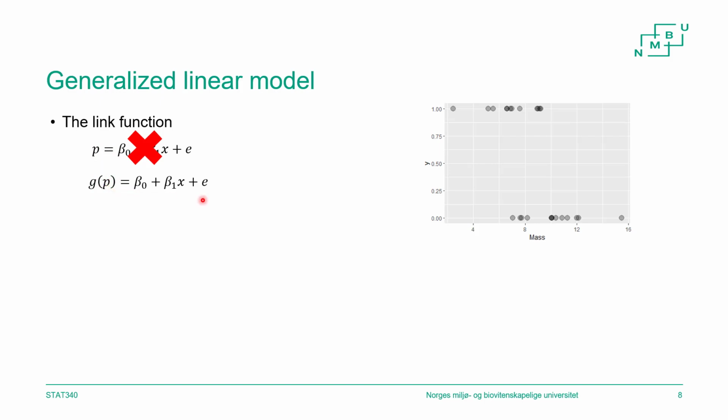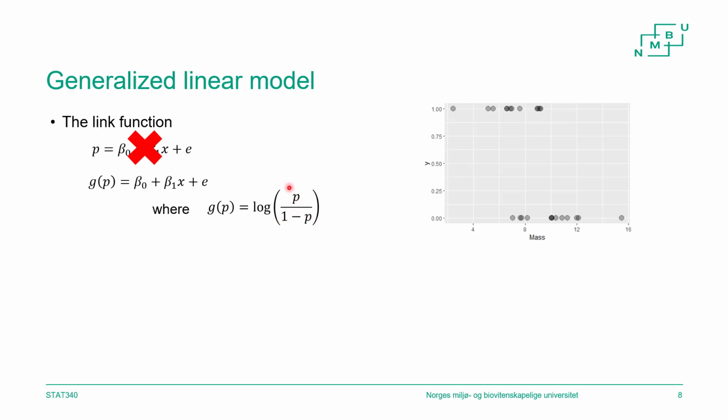And in the case of logistic regression, this link function g of p is exactly this one: the log of p divided by 1 minus p. Notice that p is the probability of female in our example, and 1 minus p is the probability of male.